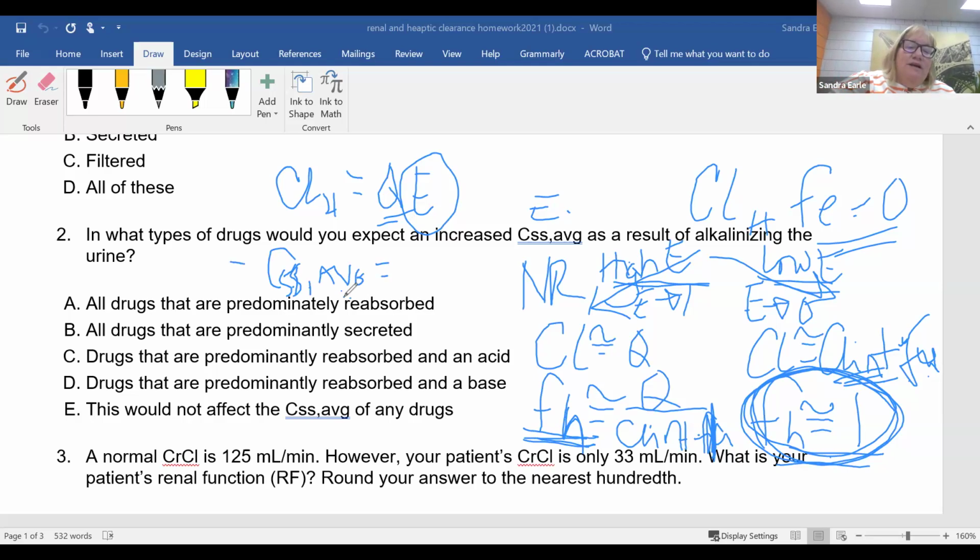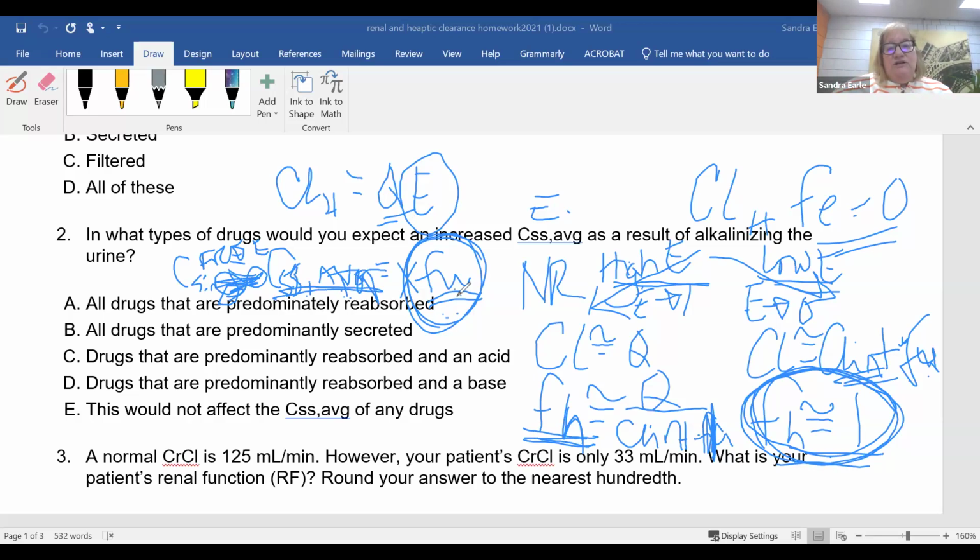Because free concentration at steady state is equal to total times fraction unbound. So the only difference is this times fraction unbound. As long as your fraction unbound doesn't change, the free will go up and down just like total. So you don't have to look at free concentrations unless there's been a plasma protein binding change.